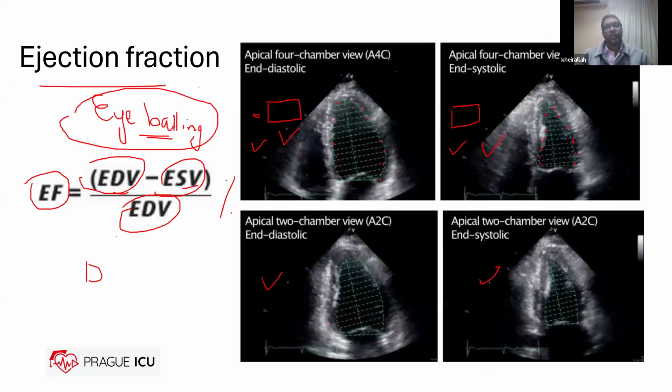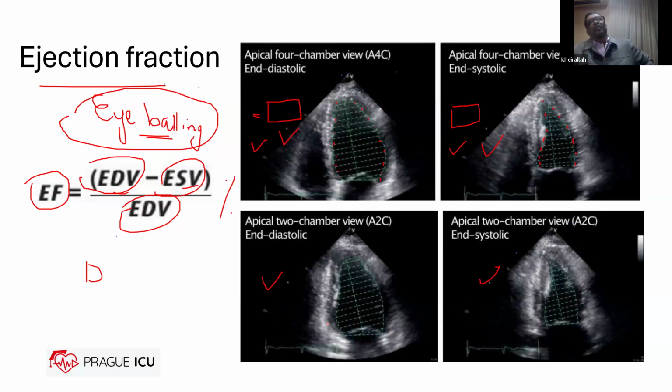This is the most important thing because it is employed routinely for all cases. And we have to be objective about ejection fraction because eyeballing the ejection fraction needs experience and has lots of subjectivity, so it might be erroneous. And sometimes you need to tell exactly what the ejection fraction is.